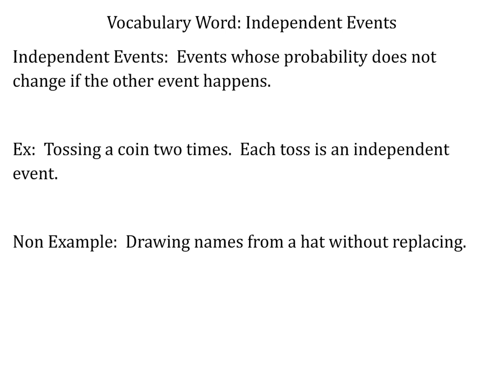So the probability that I'll draw John on the next one, instead of being 1 out of 10 like it was the first time, is now 1 out of 9, because the probability changed after the event already happened once. So the second draw depends on the first draw. That's an example of a dependent event, or something not being independent.